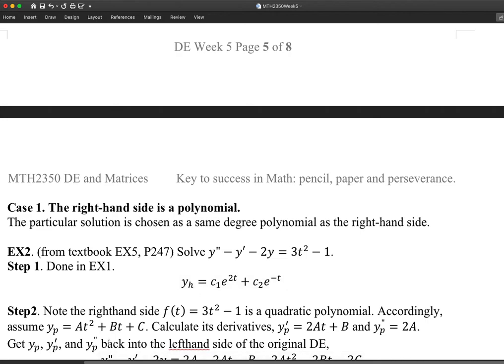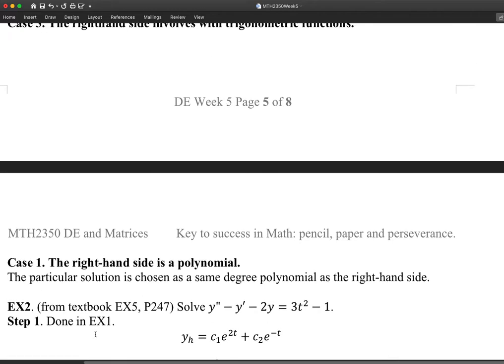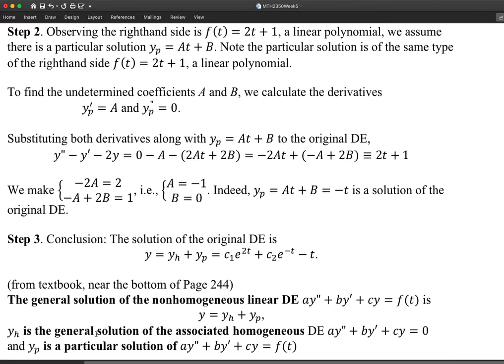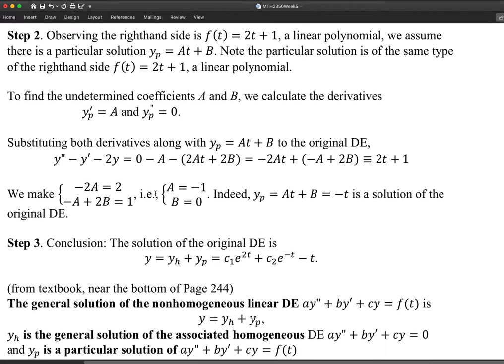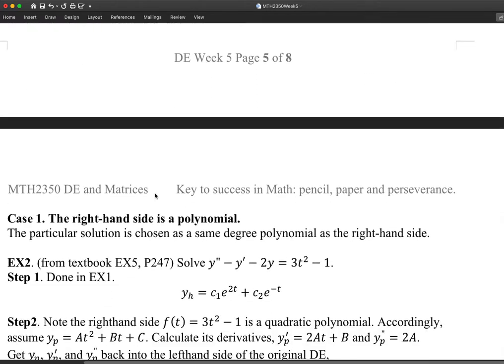So I'm having at squared plus bt plus c there. Okay, the complete terms of the quadratic polynomial. And then A, B, C, these are unknown coefficients. Or if I use the phrase from the textbook, these are indeed the so-called undetermined coefficients right here. Which means we really need to find out A, B, and C.